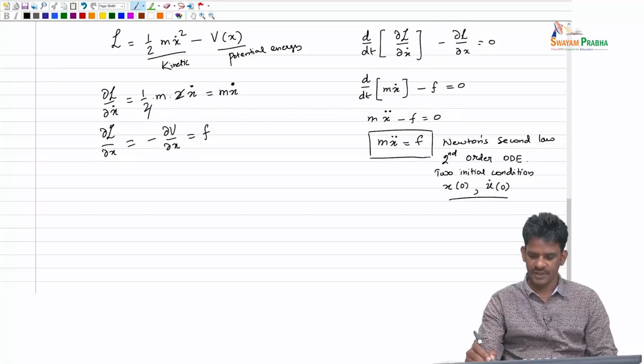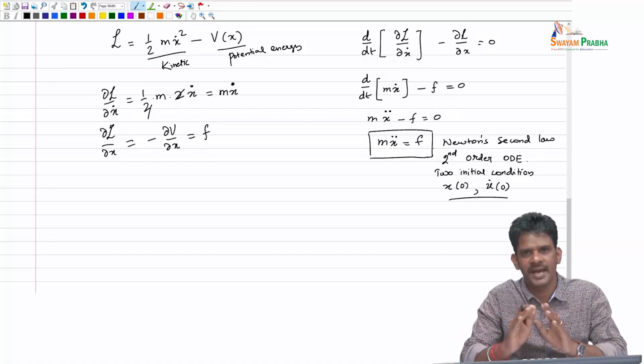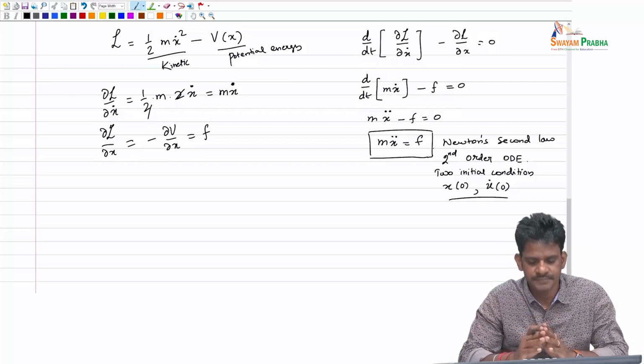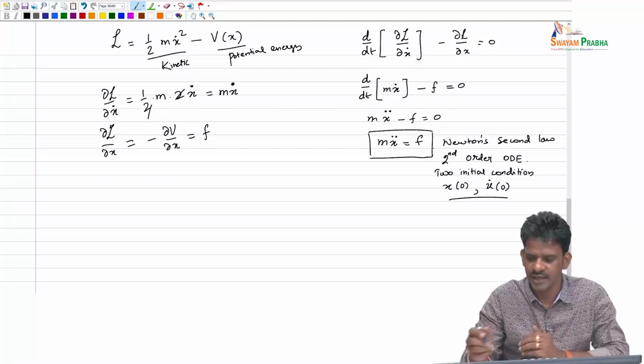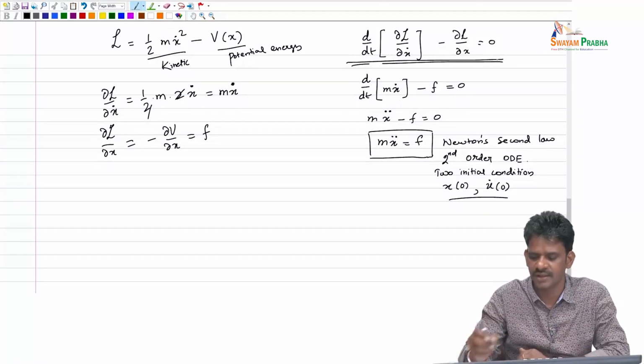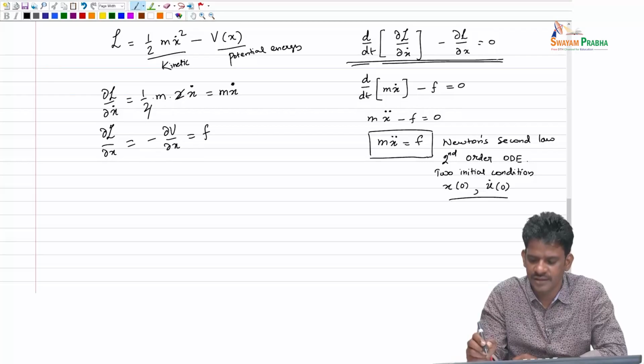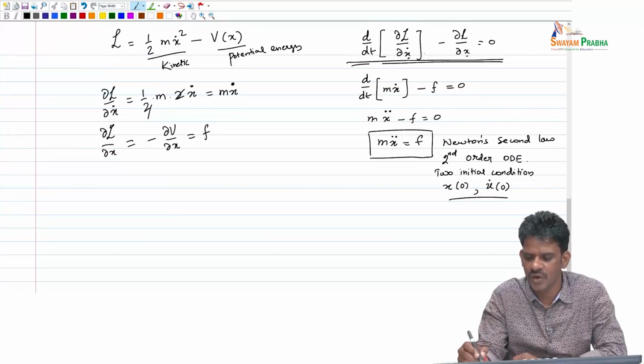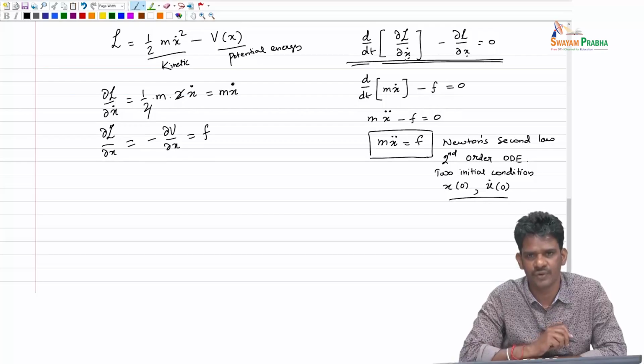So, what we have shown here is that by taking the Hamiltonian principle as a starting point, we showed how the Lagrangian equation of motion is derived, and in particular we have used this for a one particle one dimensional system, where we can use x and x dot as the coordinate and the time derivative of the coordinate.